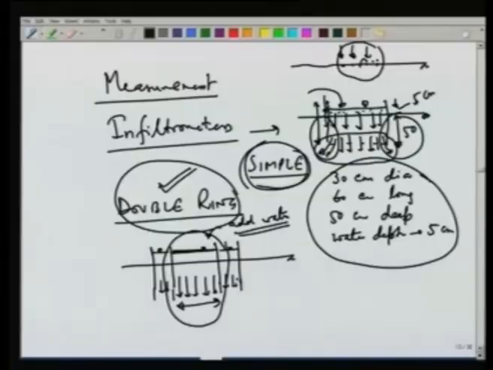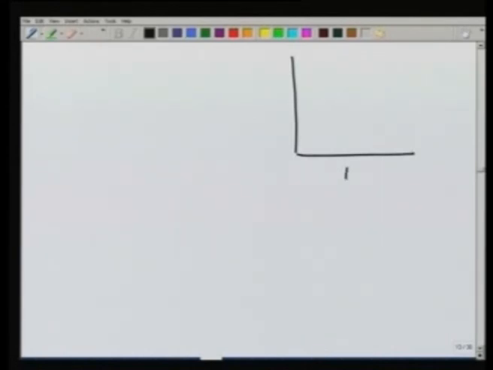Now, the rate of infiltration is not constant with time. The rate of infiltration typically decreases with time. And there are various reasons for this. For example, because of raindrop impact, the soil may get compacted, the pores may get filled with fine material, therefore, the infiltration rate will decrease.